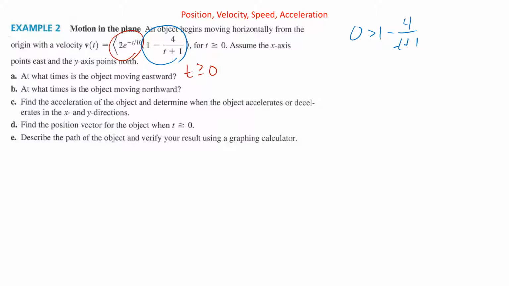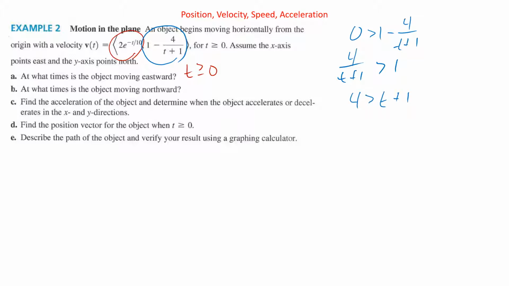We can subtract, so we get 4 over t plus 1 is greater than 1. Multiply by t plus 1, which will be positive, so we don't have to worry about flipping the sign. T is greater than 0, so t plus 1 will be greater than 0. Also, notice t can't equal negative 1. It's not in the domain. We don't care. But we can multiply the t plus 1 over. So 4 is greater than t plus 1.